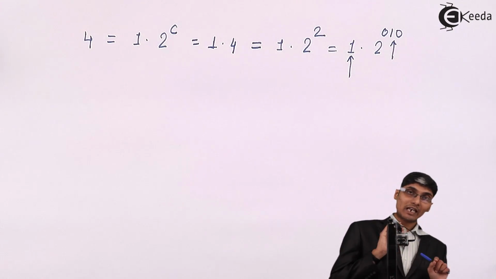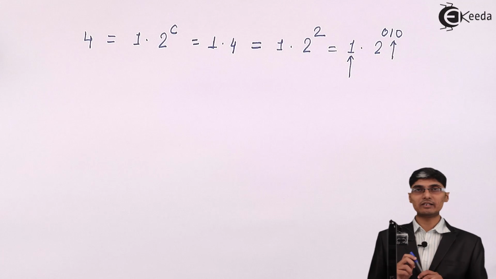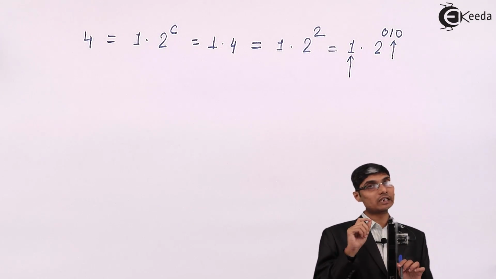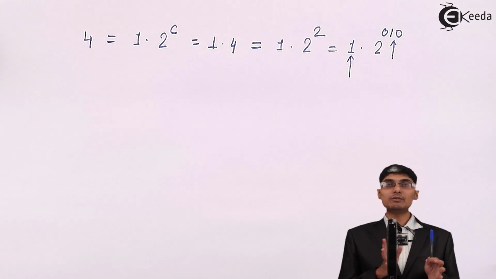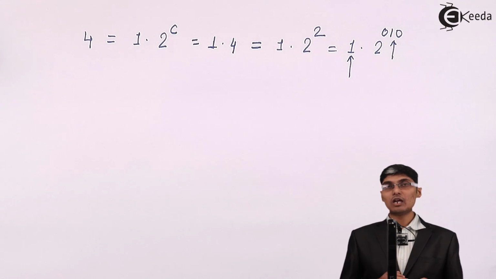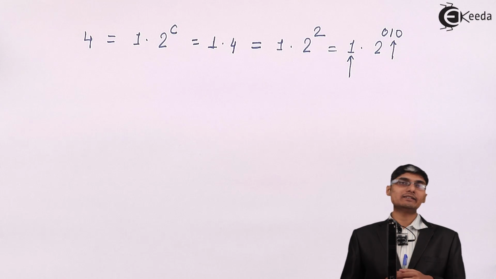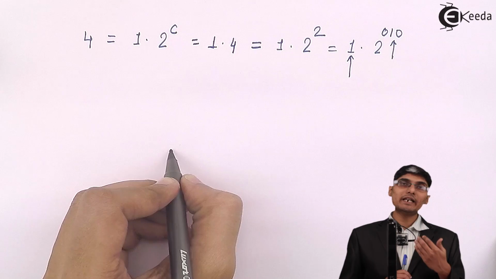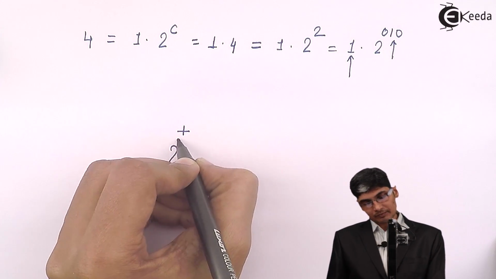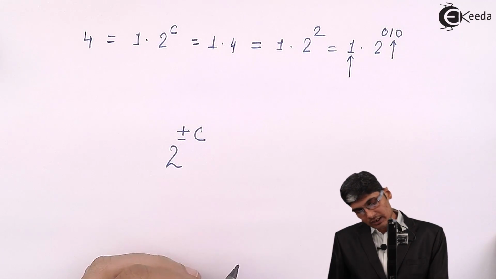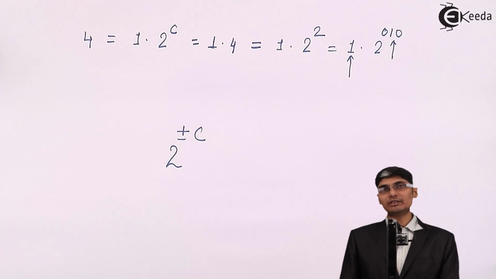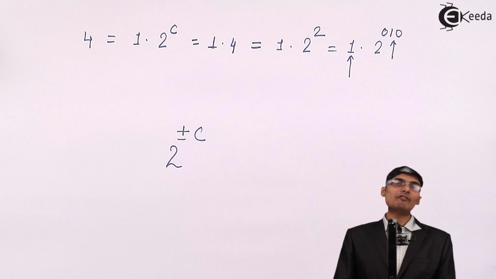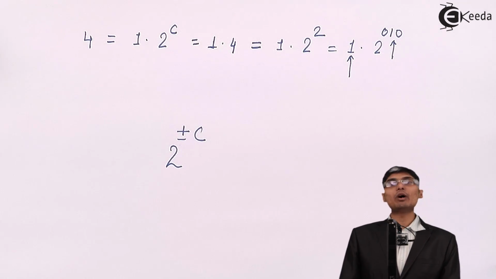For a positive number, please listen carefully. For a positive number, for example 4 over here, the mantissa will always be positive. But the characteristic, that is C, can take a positive or a negative value. That means when I write 2 raised to C, it is actually plus or minus C, because that solely depends on what level of movement I am making of the point.